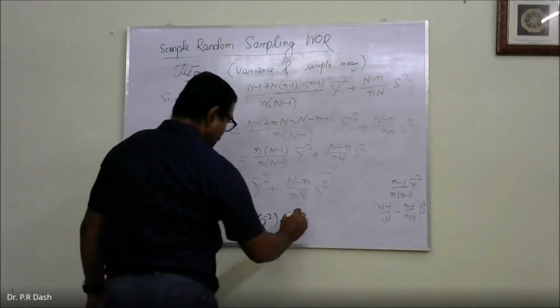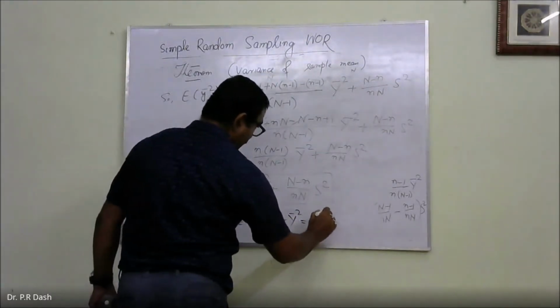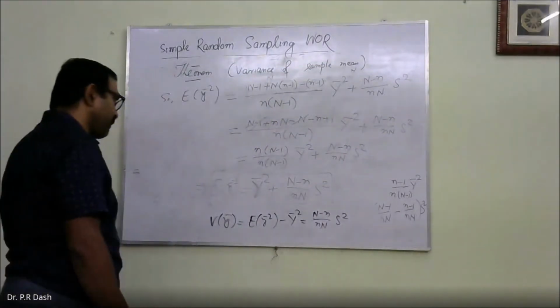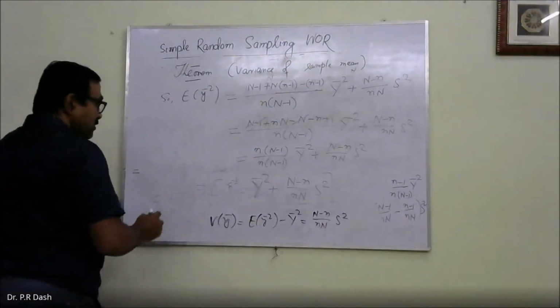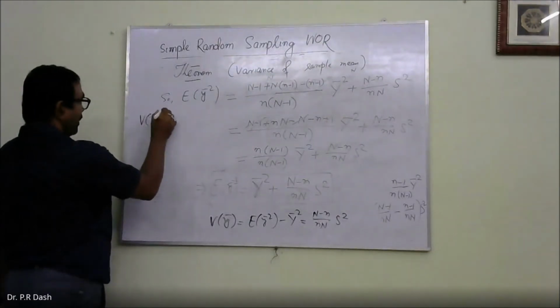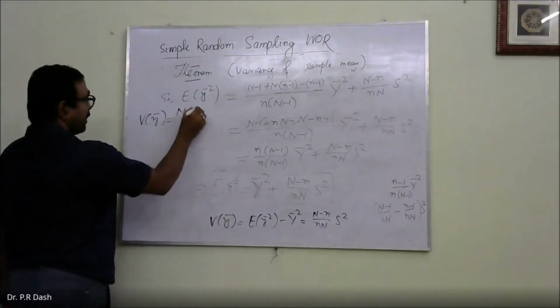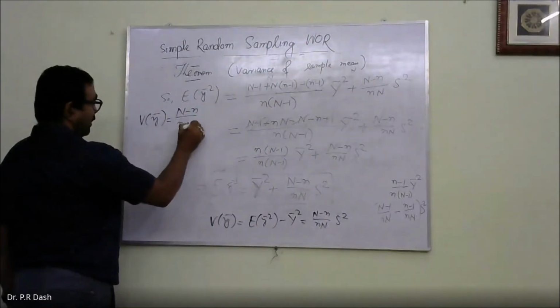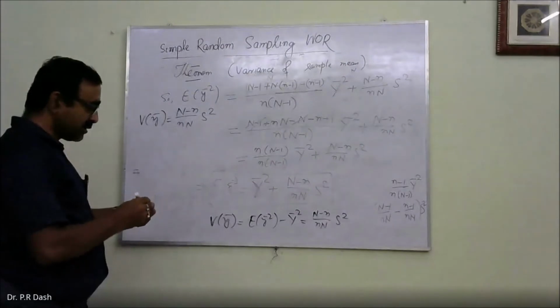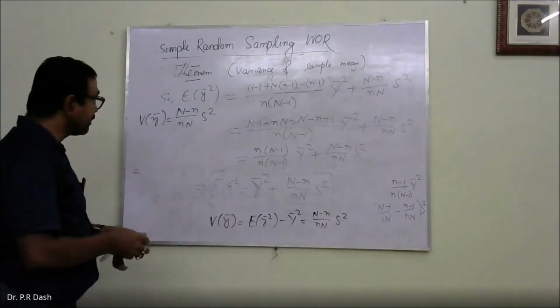So that is equal to n minus n by n s square. So now you can see variance of y bar equal to small n minus capital N by n n s square. There are different forms in which the variance can be written.